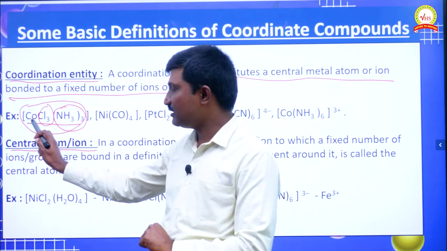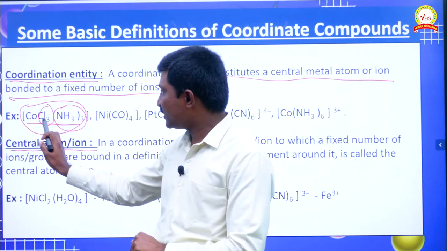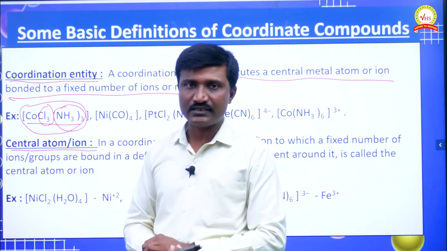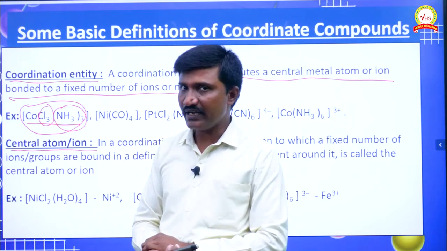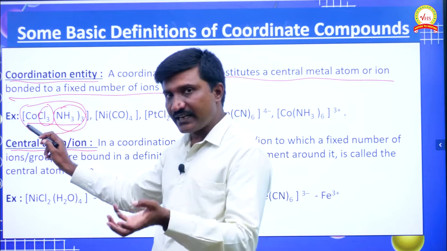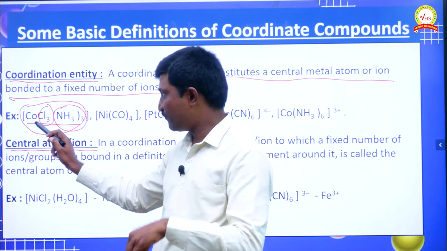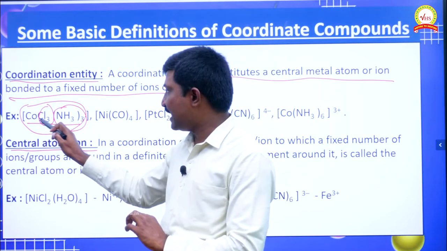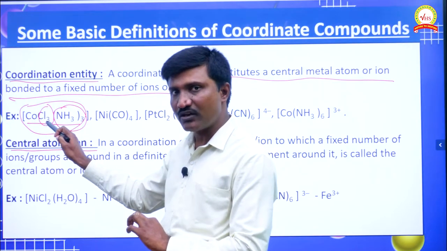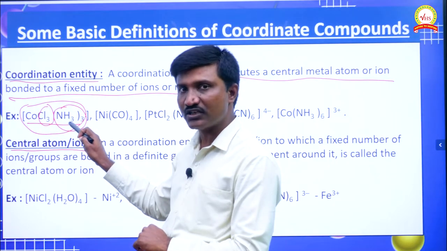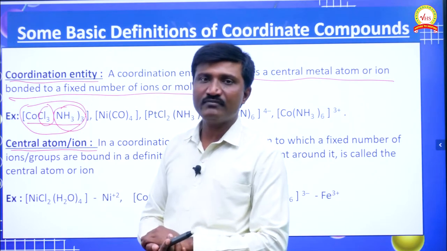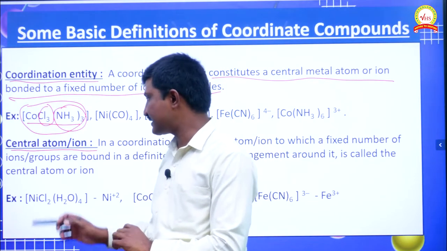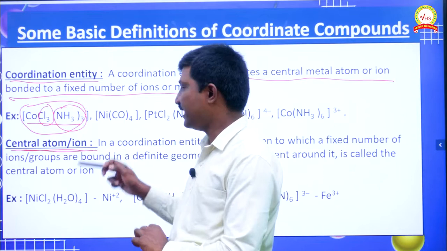In this example, 3 chloride ions and 3 ammonia molecules bind with cobalt. So the one taking the electrons to form this complex compound is cobalt. Cobalt takes the electron pairs from the negative ions or neutral molecules and forms a bond. That atom we call the central atom or ion.